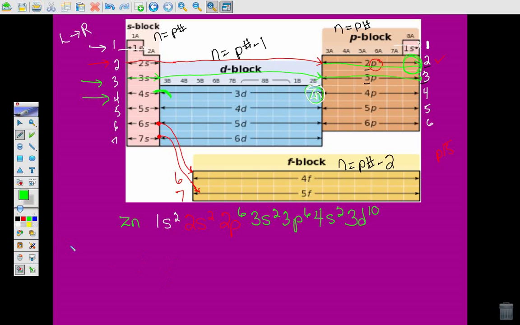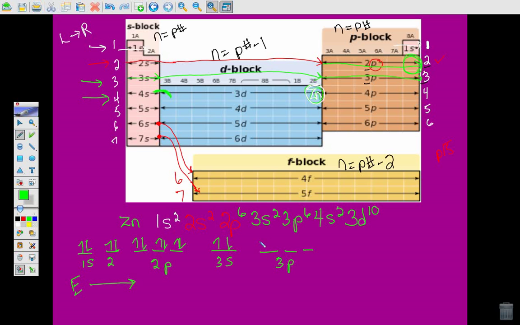Now, if you wanted to do an orbital diagram, you could do it left to right. You could do 1s2, then 2s2. I'm not going to do many of these because these take too long. 2p, 1, 2, 3, 4, 5, 6, then 3s, 1, 2. Notice I'm going energy left to right this time instead of up and down to save space.